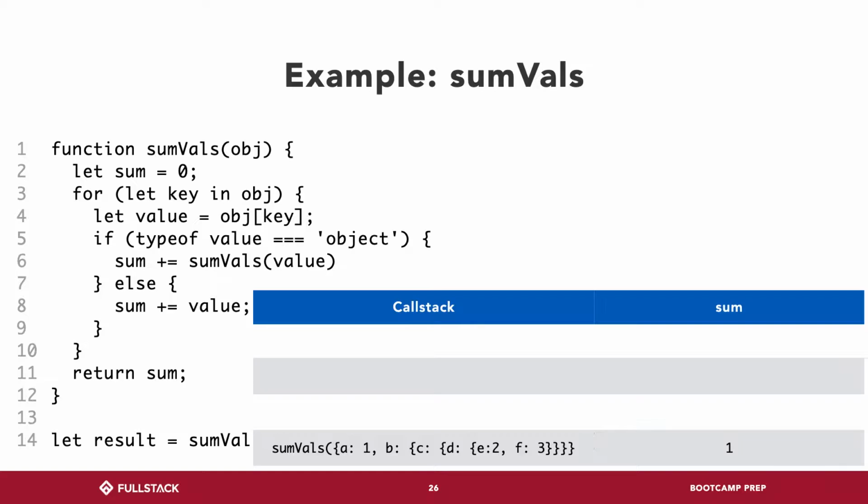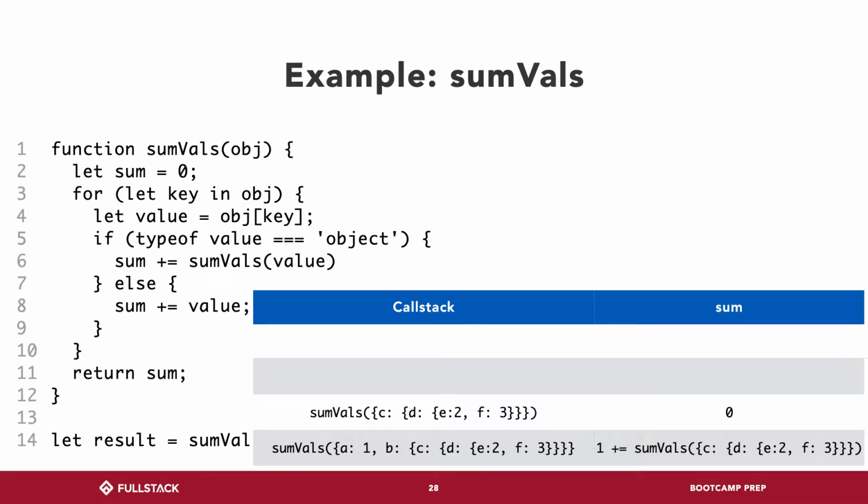And we're still inside this for in loop. But now the next value is that object. So then we go into here and we say, hey, this is an object. Sum 1 is plus equal to the result of sumVowels of that object. Now that function pauses. Another instance of the function starts running with a different value, and that is thrown on the call stack.